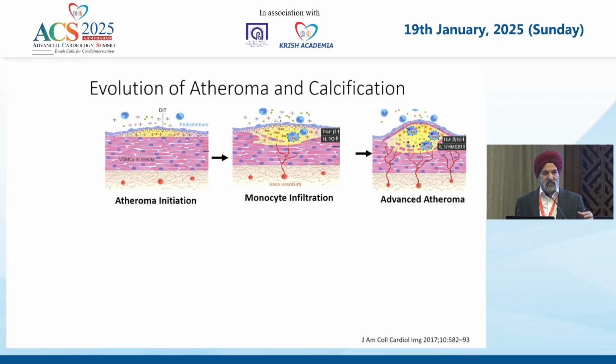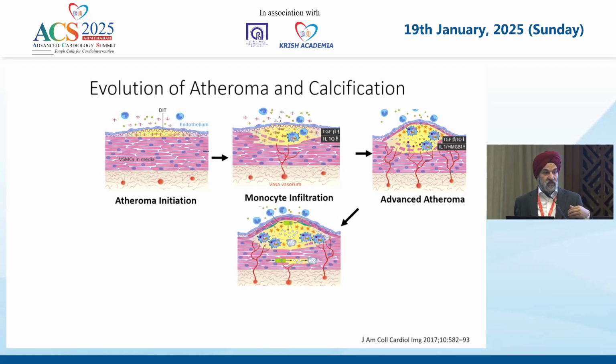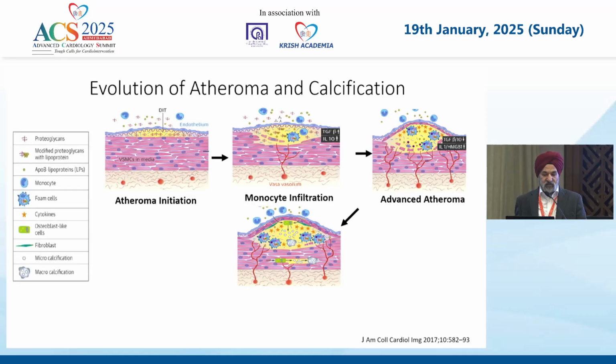These macrophages in turn internalize the lipoproteins and become foam cells. When they rupture, there is constant activity to prevent atherosclerosis. That means TGF beta as well as interleukin come in, which take away the apoptotic cells. But at times it is difficult for them to keep pace with the degenerative material being produced.